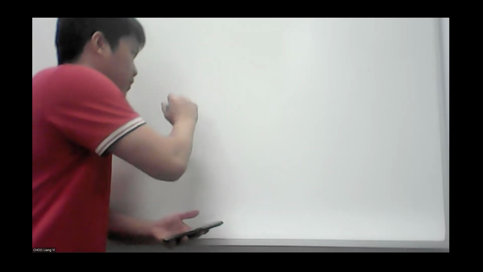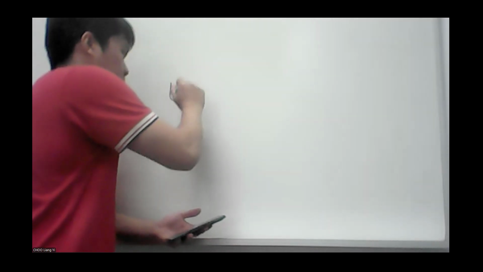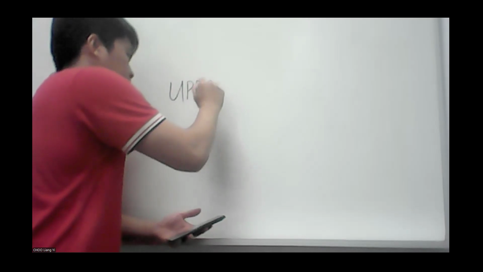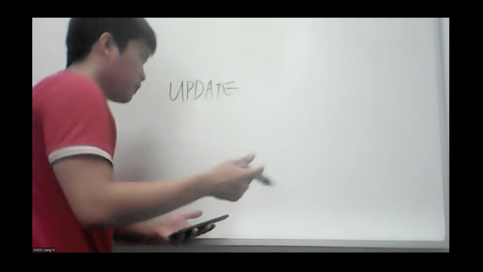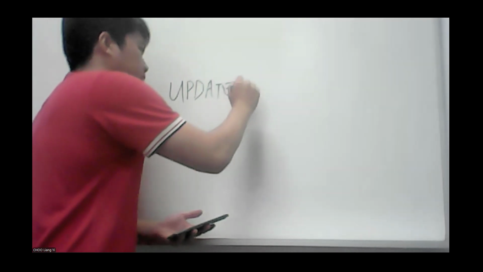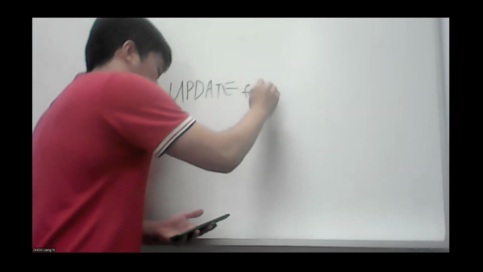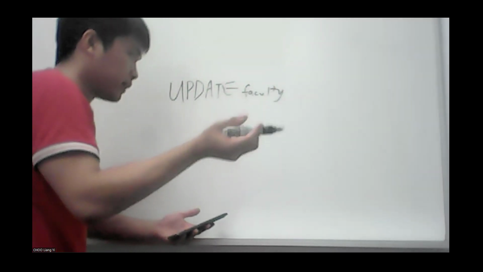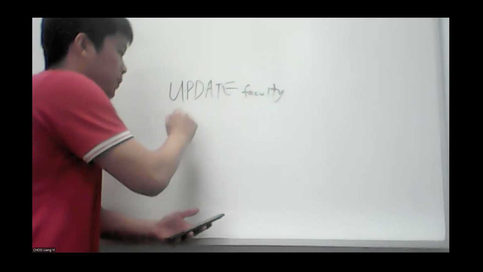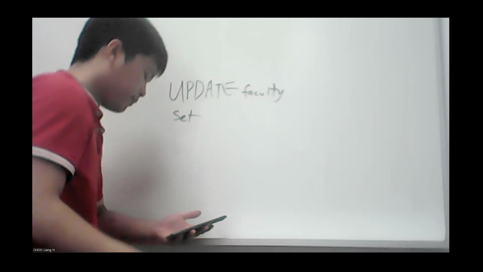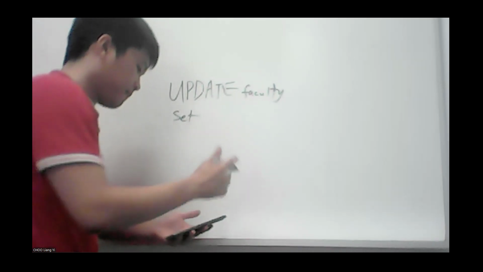So update, right? Normally, okay, this is the key SQL keyword that the machine needs to know to understand that this is the update operation. Update what? Update the table name. Maybe update faculty table name. And another keyword. What do you want to update? You use the word set. Set what?